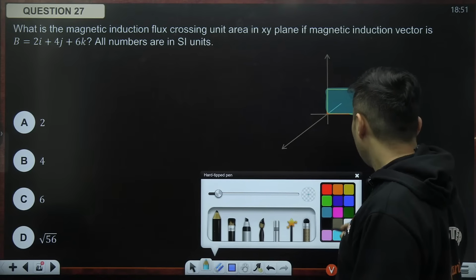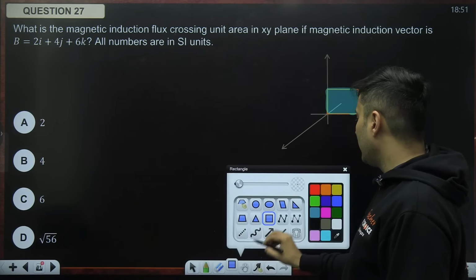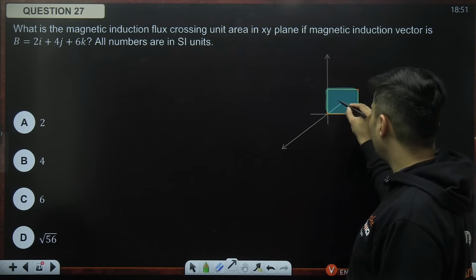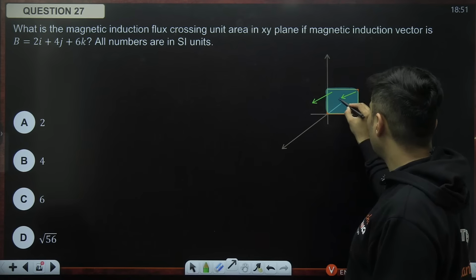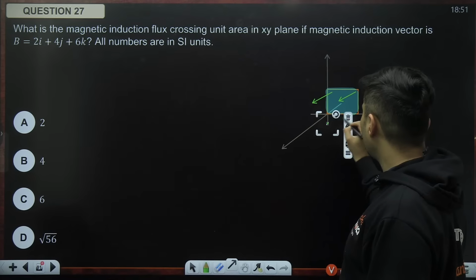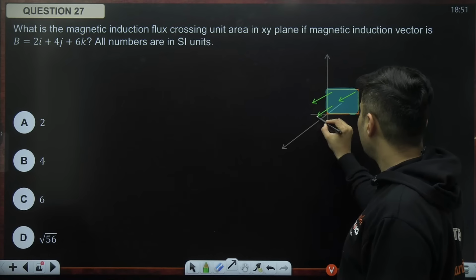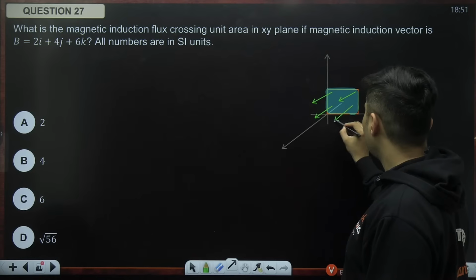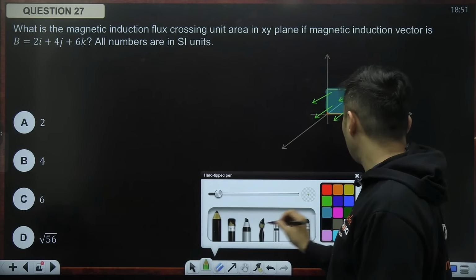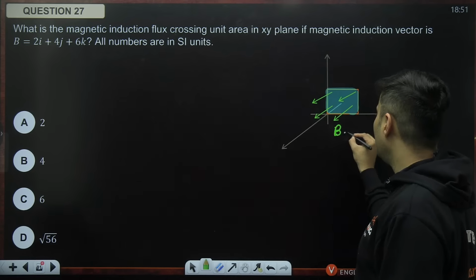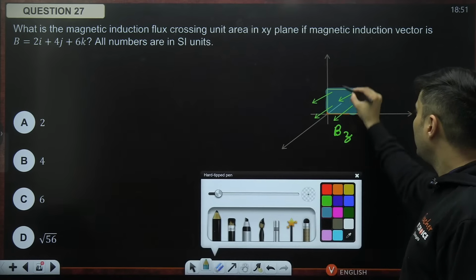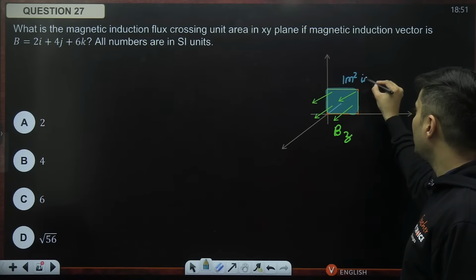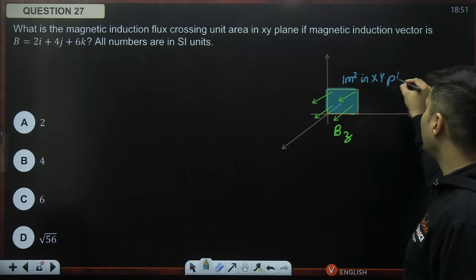The only magnetic field which will matter is the one which is parallel to the z-axis, because that is the only one which will give rise to the flux. The other components will not give rise to any flux. So this is the magnetic field along z-axis. This is that 1 meter square in xy plane.